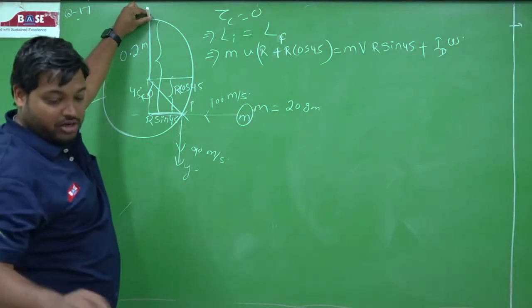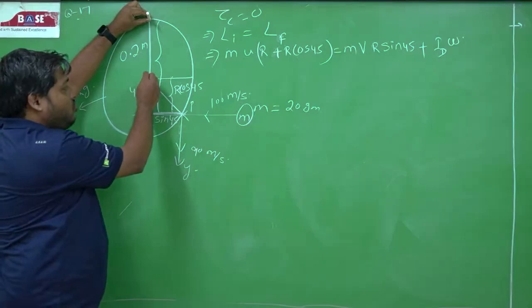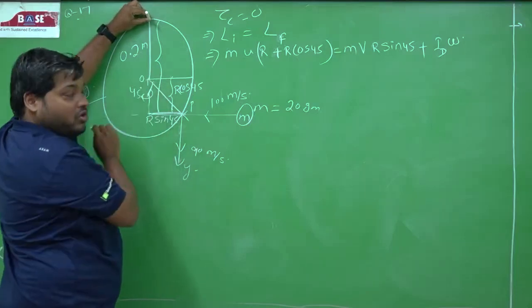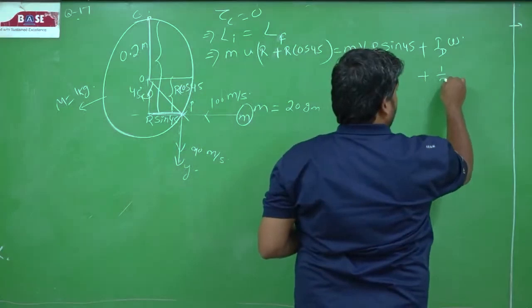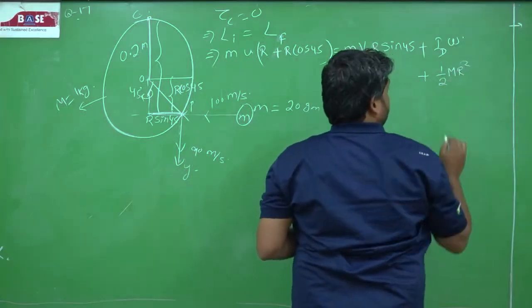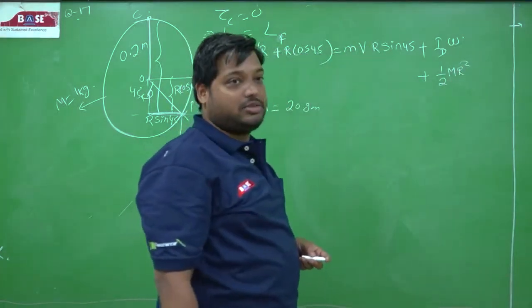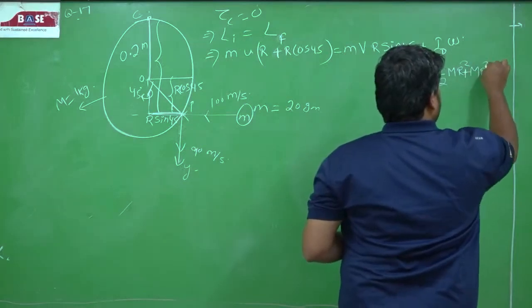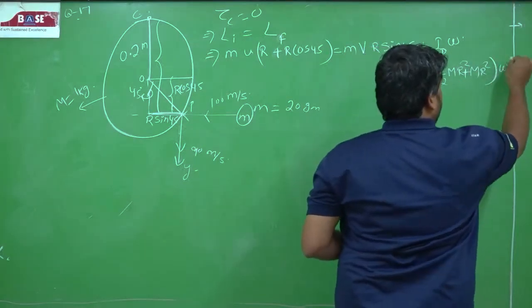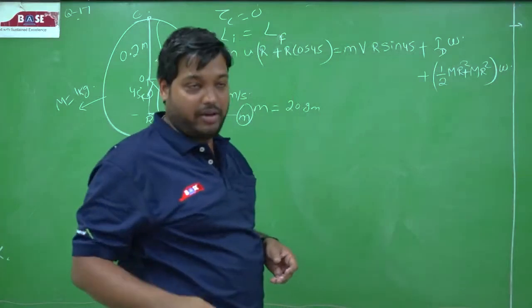Now we will consider another axis here which is passing through the center O. So I will write this I omega like this, half mr square, that is the moment of inertia about an axis passing through the center, plus mass into this distance square. I am using the parallel axis theorem. Okay.